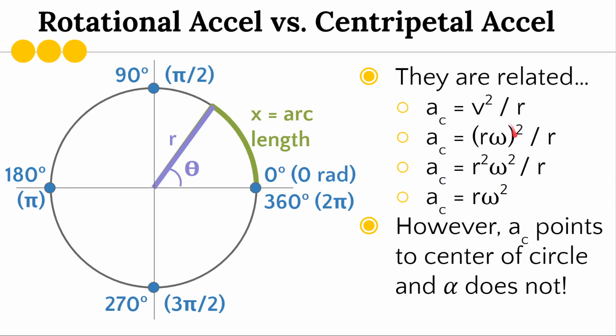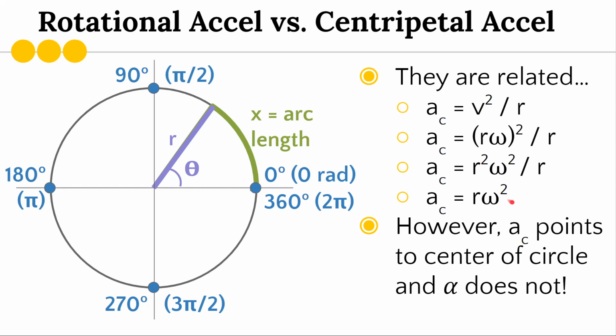But we just learned that we can relate that to our rotational motion by just multiplying by r. And so I have r times omega, my angular velocity times my radius. If I substitute that in, I get this equation, and it simplifies to this. And so I can say that my centripetal acceleration is equal to my radius times my angular velocity squared.